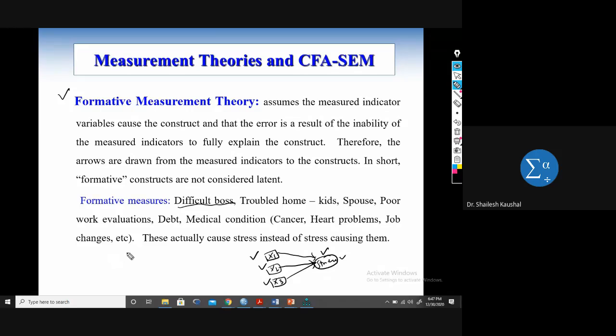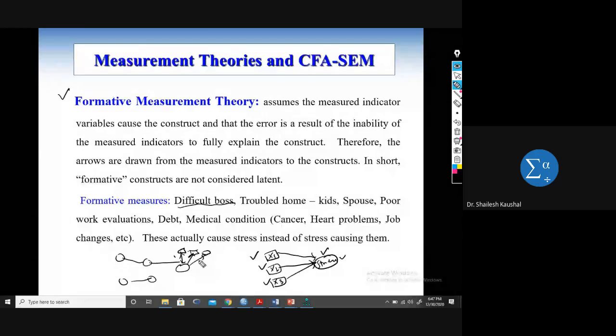In social science research, especially in structural equation modeling, you can see this type of structural relationship. In the reflective measurement model, the arrow goes from the construct to these indicators, and this is what we perform here.